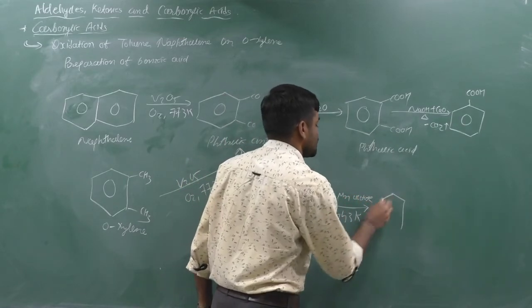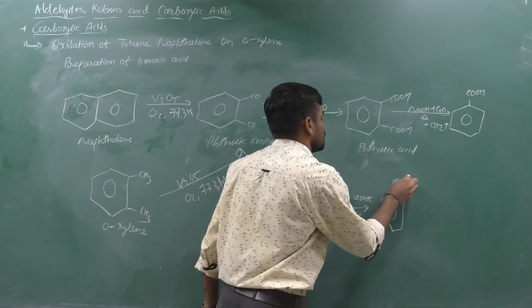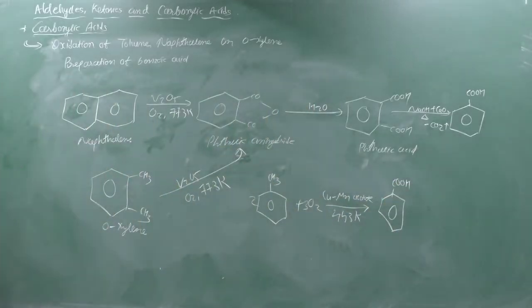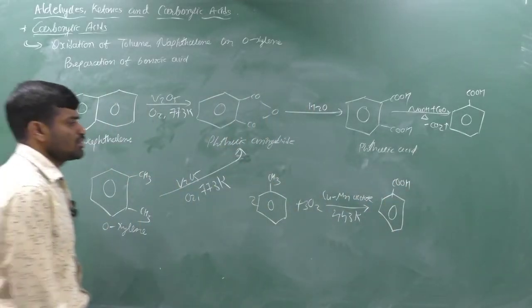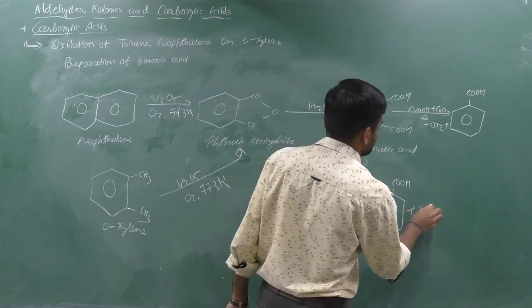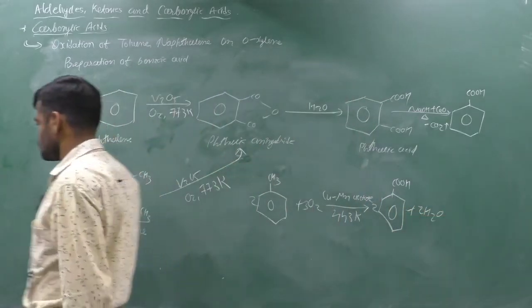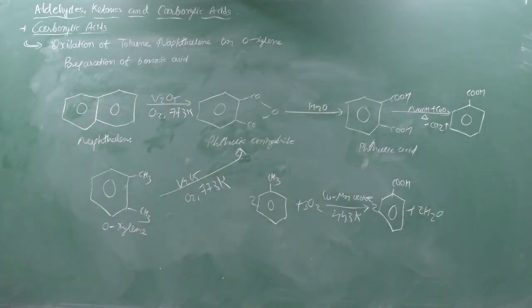We can have benzoic acid. That is from toluene, and 2 times water is liberated. So it is a synthesis of benzoic acid from different molecules, from xylene, from naphthalene, from toluene.